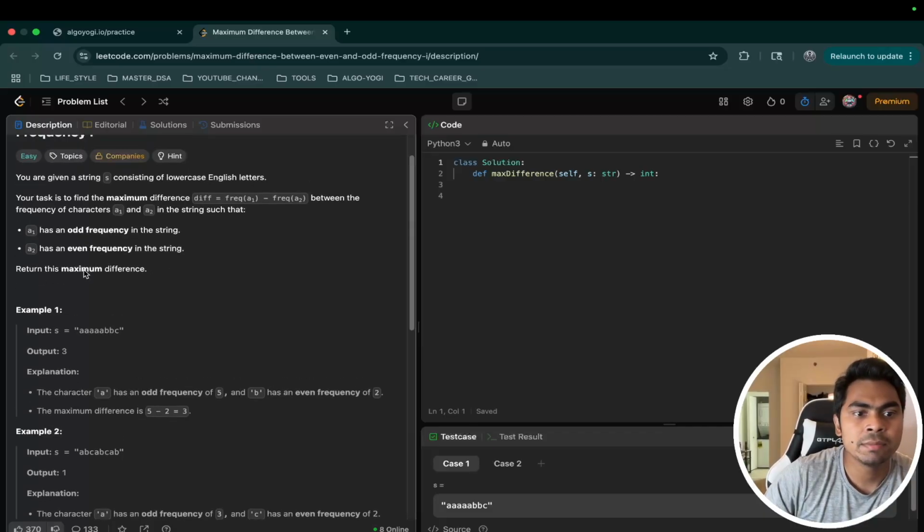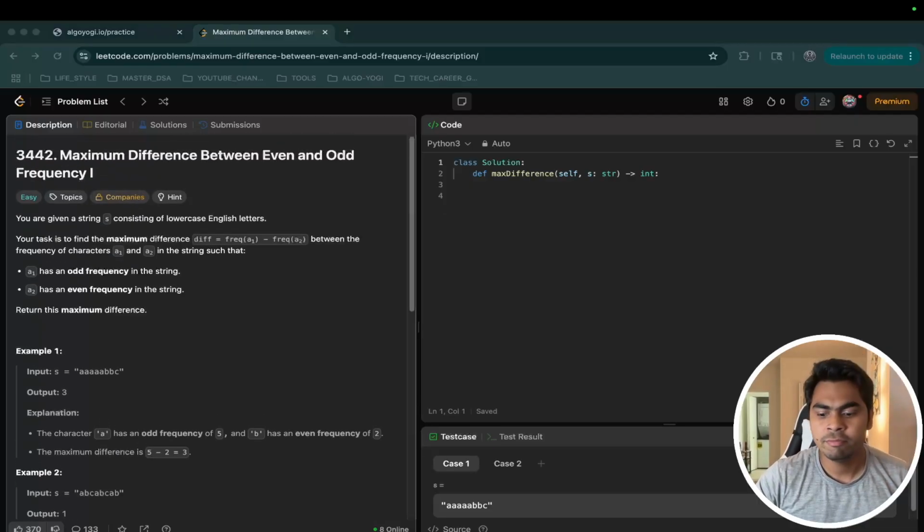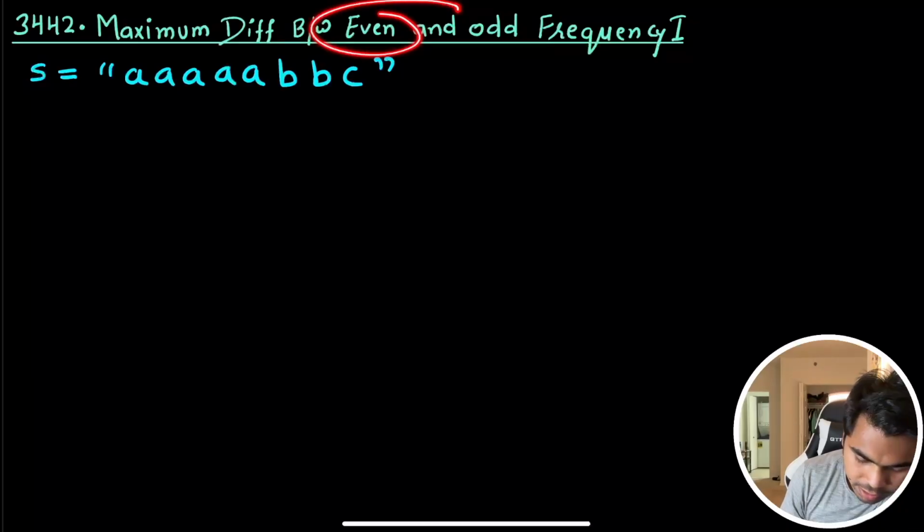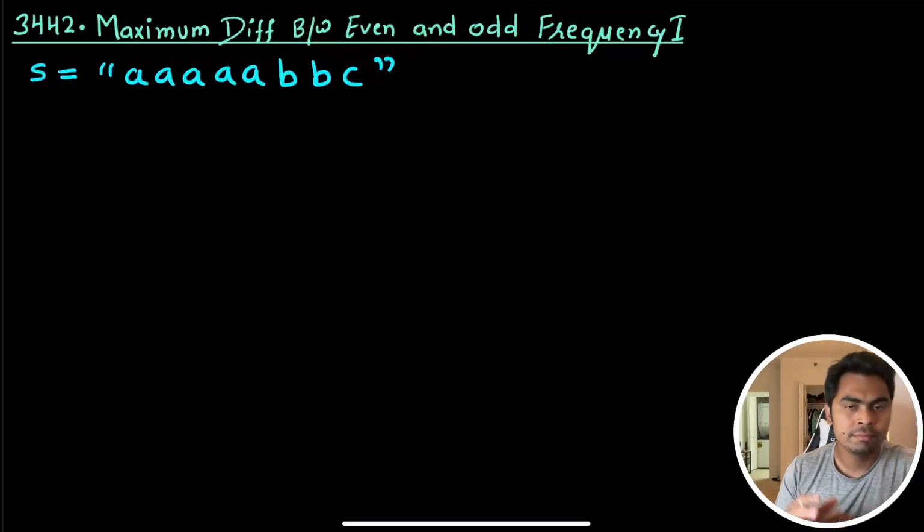Return this maximum difference. So very simple description, but what they're really asking us to find is the maximum difference between even and odd frequency of any characters.